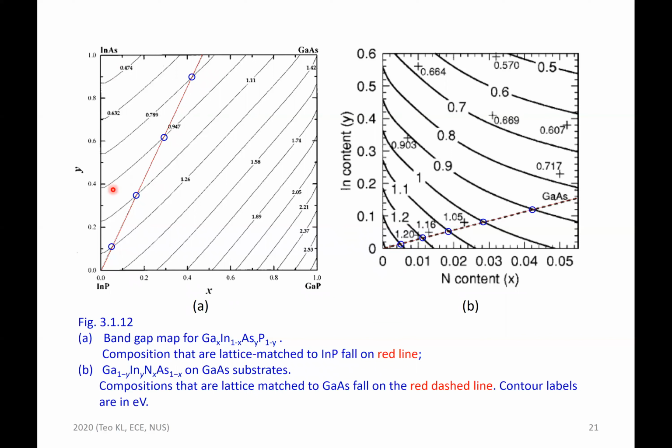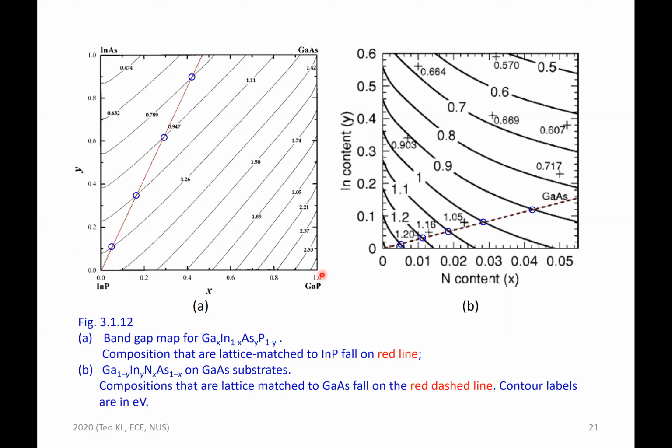So in this contour plot, at x equals 0, let's say you plot gallium indium arsenide phosphide. When x is 0 and y is 0, you have only indium phosphide at this point. And then you can have gallium phosphide where x equals 1 and y is 0.